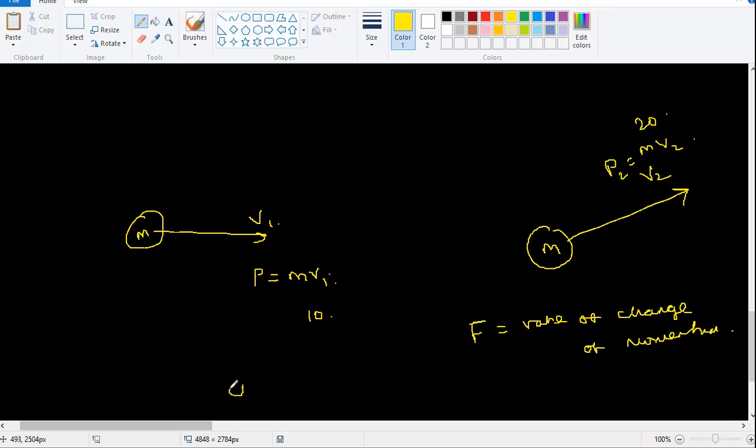But what is the change in momentum? Change in momentum will be P2 minus P1, which means 20 minus 10, which is 10. Is this correct or wrong? Anybody noticing anything drastically wrong?